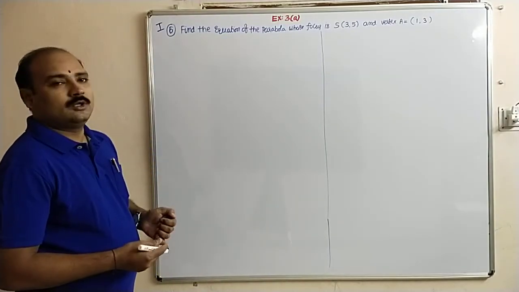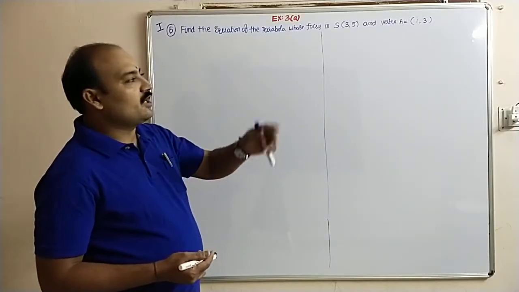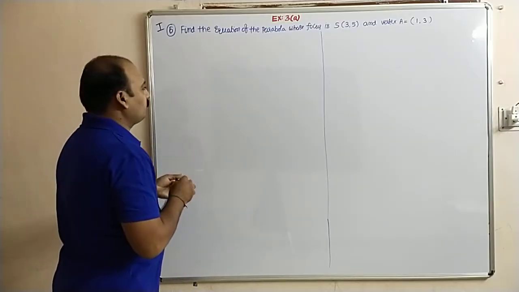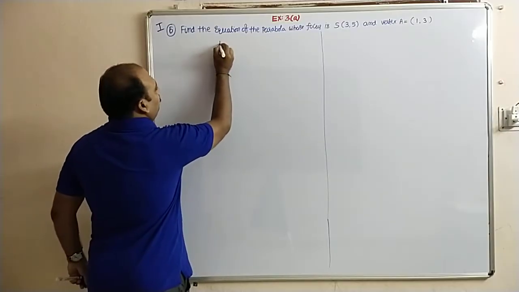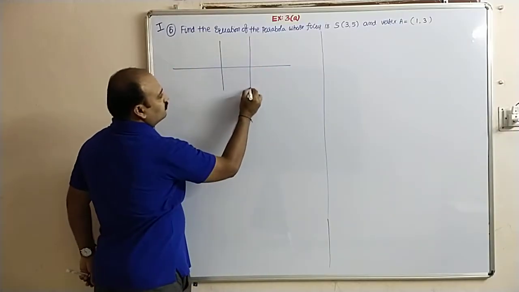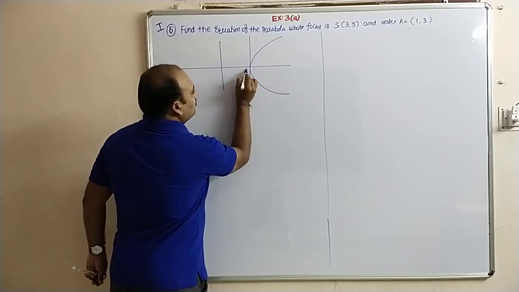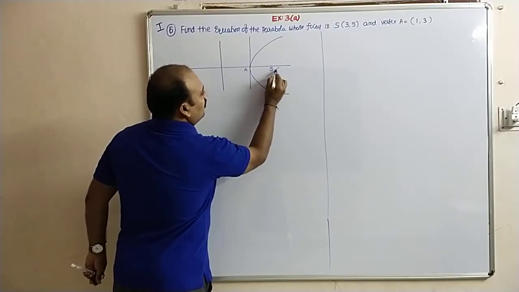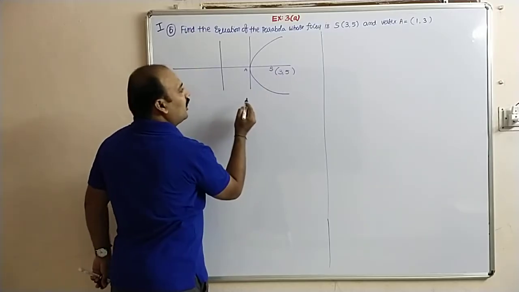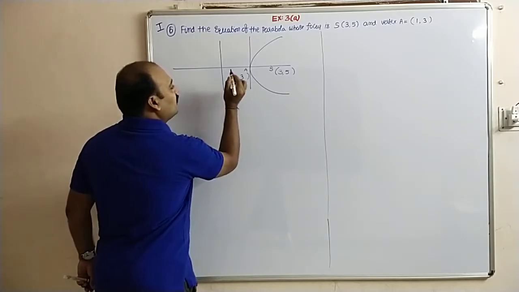So first, draw the rough figure according to the question. Focus and vertex. This is the vertex. This is the focus. The coordinates of focus is S of 3, 5 and the coordinates of vertex is 1, 3.